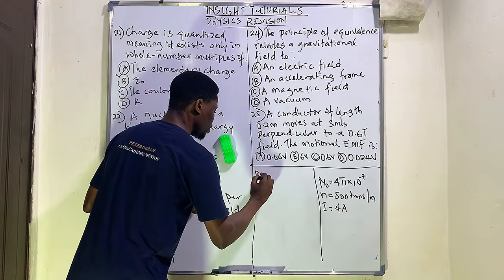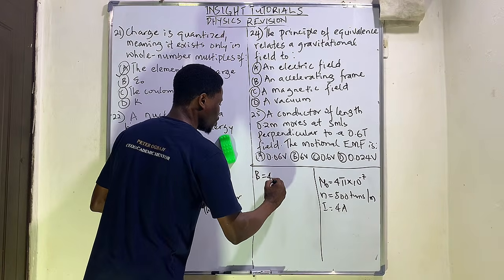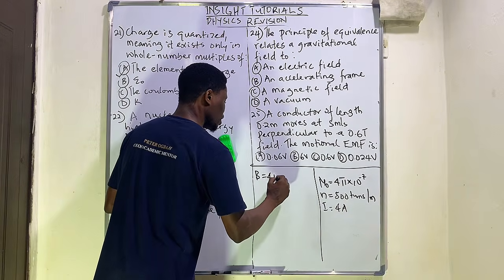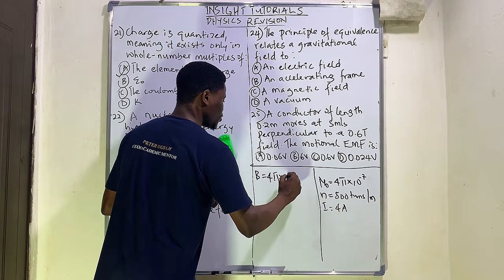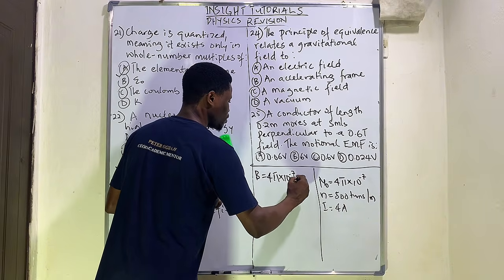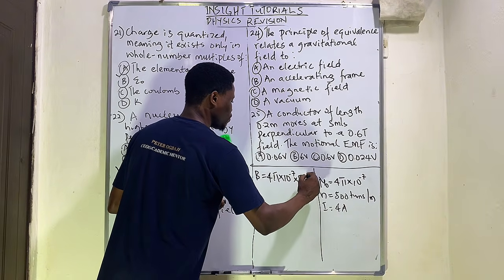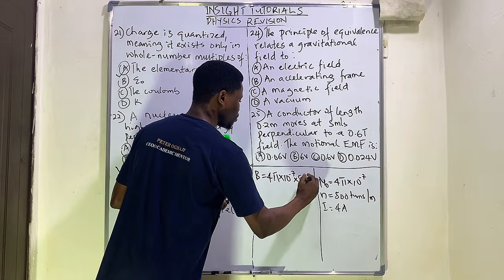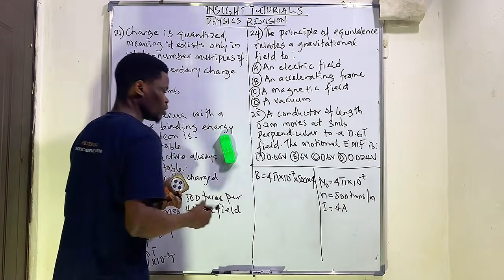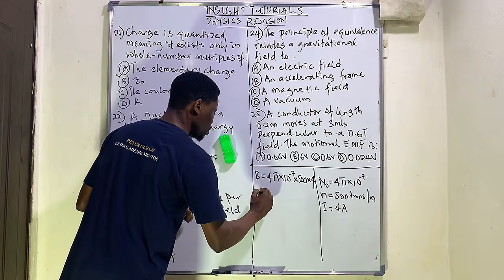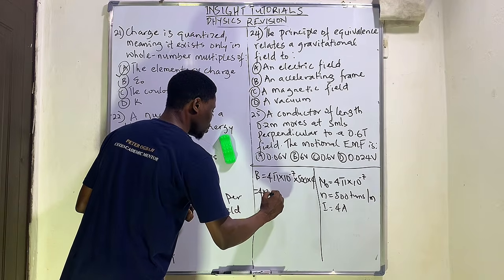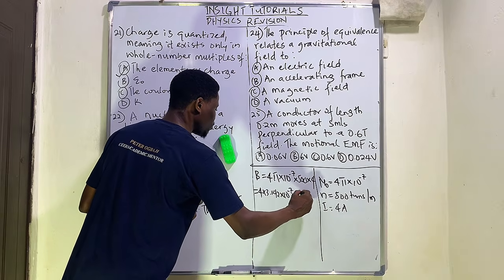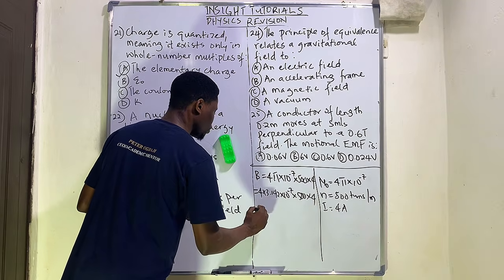So magnetic field in a solenoid is, now remember 4 pi is 3.142. So the magnetic field is 4 times 3.142 times 10 to the power of minus 7 times 500 times 4.